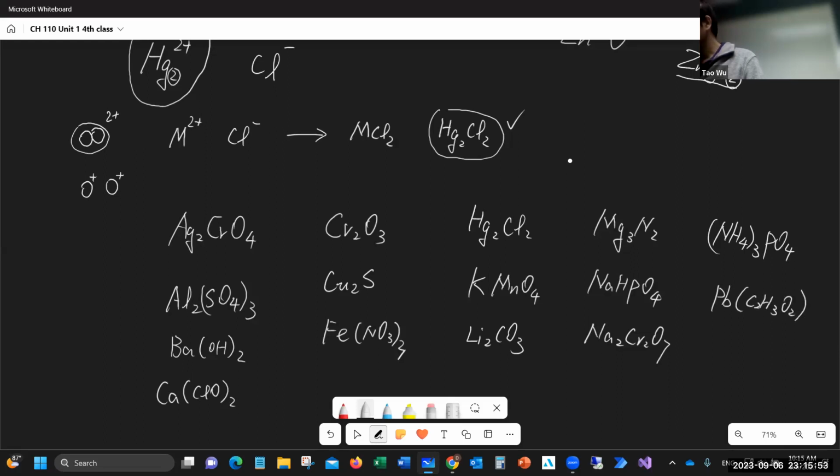And just to let you know, there is a typo shown over here. That should be C2H3O2 instead of C2H3O3. Okay, so that's a typo. That's an acetate. And then tin 4 oxide, and zinc oxalate.